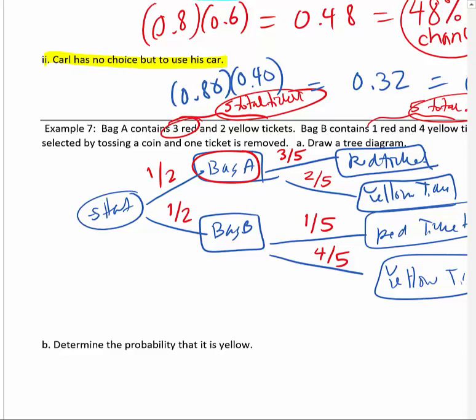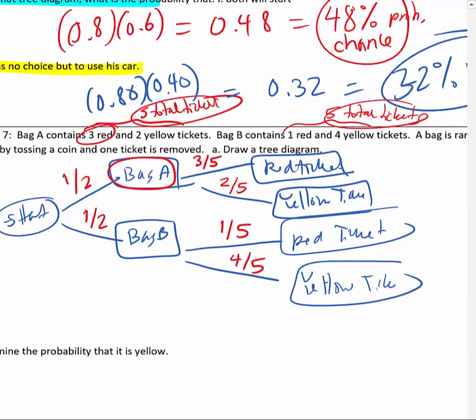Determine the probability that the ticket is yellow. Okay, that's a good one. So notice that there are 2 paths. This is the first time we've seen this, where you could have chosen bag A, because it didn't specify which bag to choose.